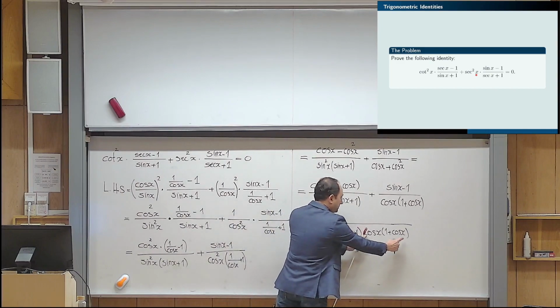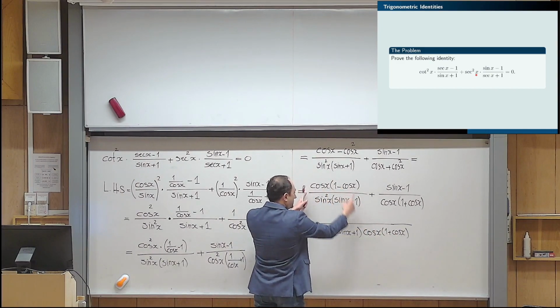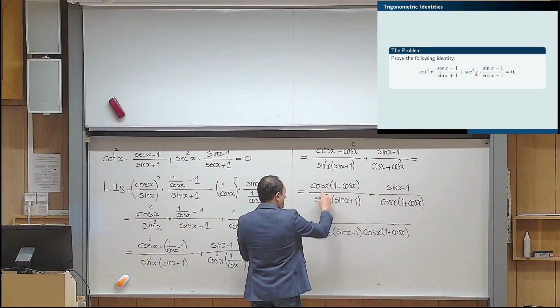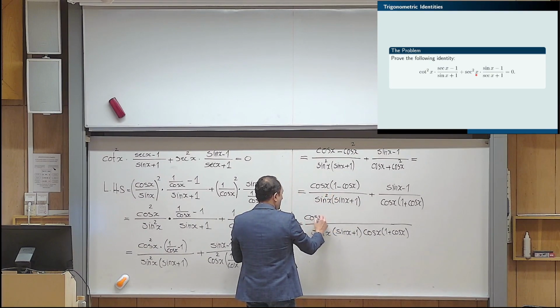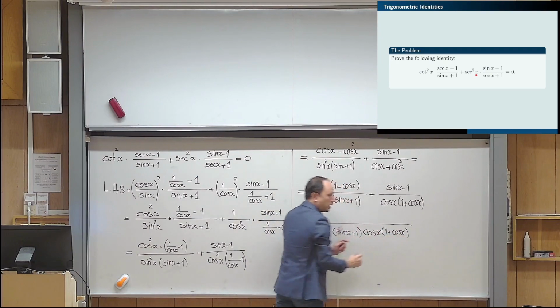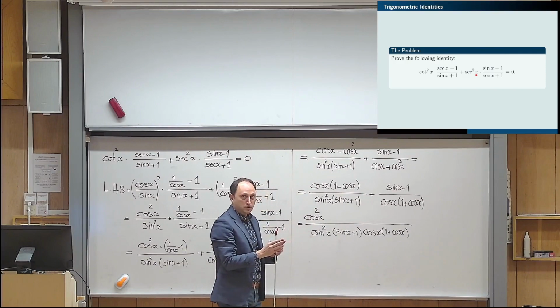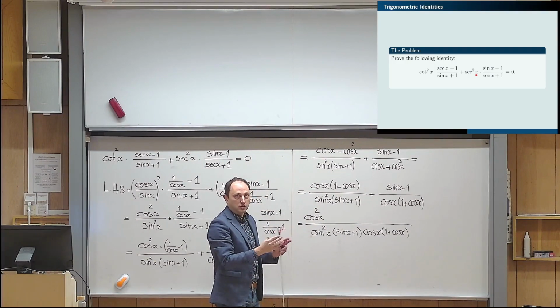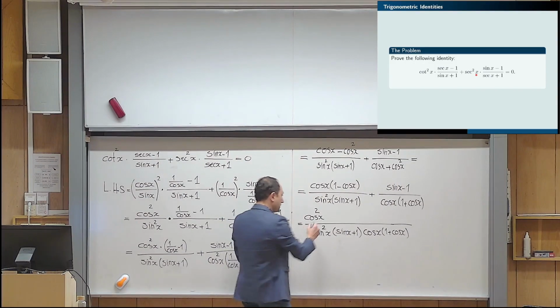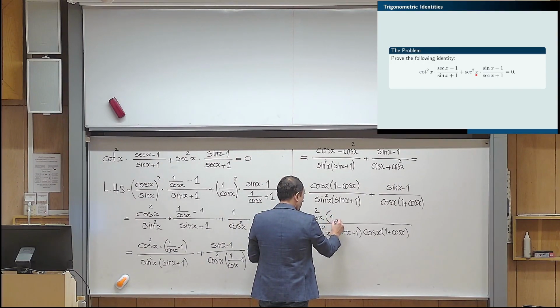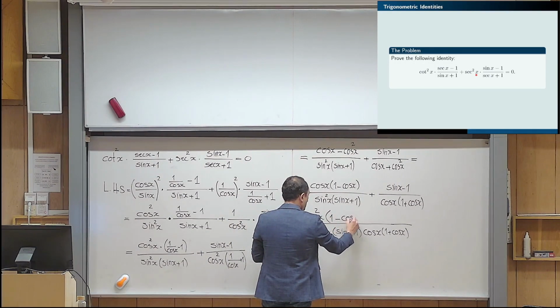If you multiply this by that, there is a cosine x here, so this becomes cosine x to the power 2. There is 1 plus cosine x here, 1 minus cosine x here, so you have to multiply them, but you know that's a conjugate identity.